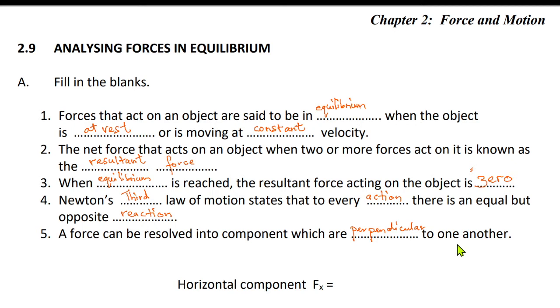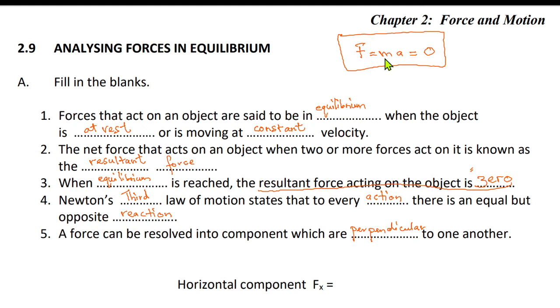Before we move on, I'd like to pinpoint this statement. The resultant force acting on the object is 0. Alright, so from F equals MA, we say that the resultant force is 0. Look at this mathematical statement. When will F become 0?